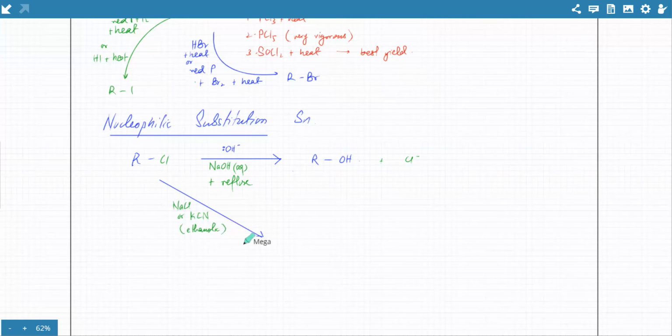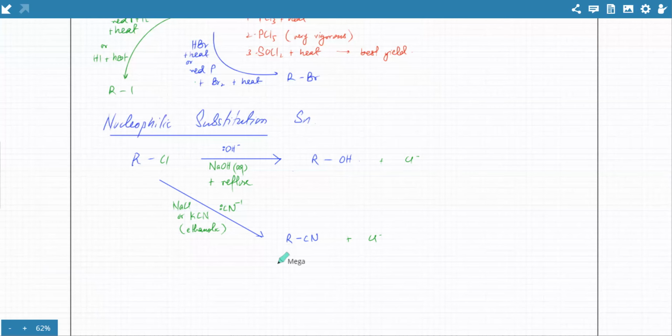Ethanolic simply means that you're not using water as a solvent, you're using ethanol as a solvent. And what happens in this case is that the nucleophile is CN minus, and it does exactly the same. The RCl changes to RCN, and the Cl ions get knocked out. So there's a substitution happening, exactly the same as the one with OH ions.